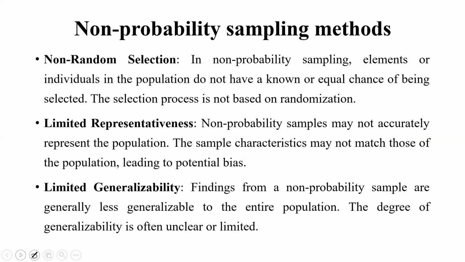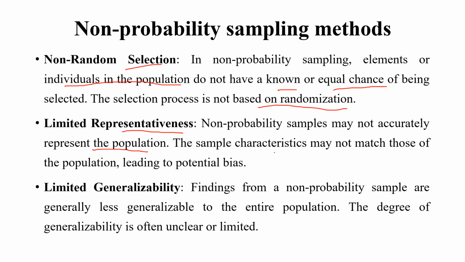Now, non-probability sampling methods, non-random selection. In non-probability sampling, elements or individuals in the population do not have a known or equal chance of being selected. This selection process is not based on randomization. Limited representativeness: non-probability samples may not accurately represent the population.